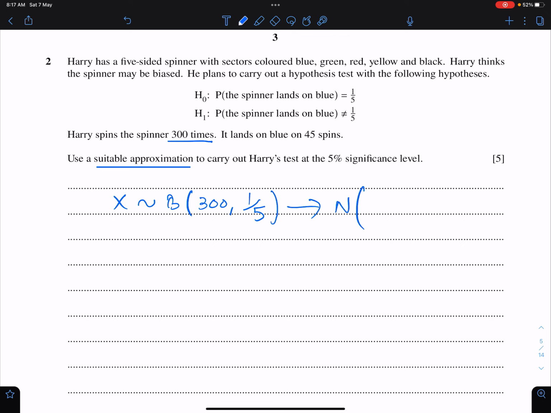Therefore, according to the normal approximation, np is 300 upon 5 and npq is 300 into 1 upon 5 into 4 upon 5. This result is 60 and this result is 48.